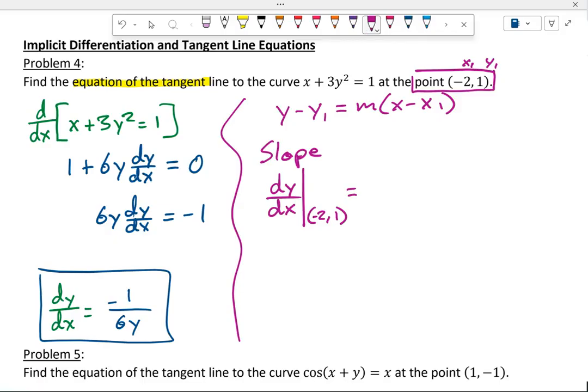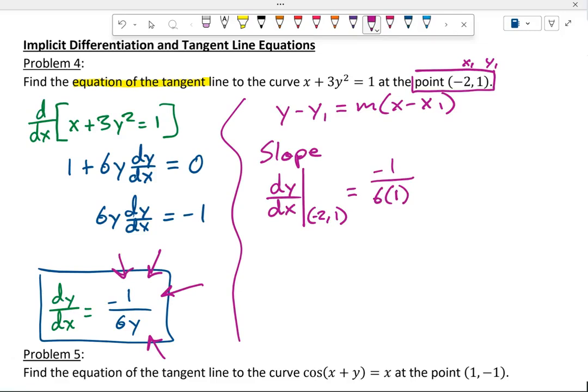Now, when we look at this equation, though, and I heard a group talk about it, do we have a place to plug in x? In our derivative equation right here that I'm pointing at, is there a place for x? No. So what is the only value I need to plug in? So that is negative 1 over 6 times 1, just the y value.